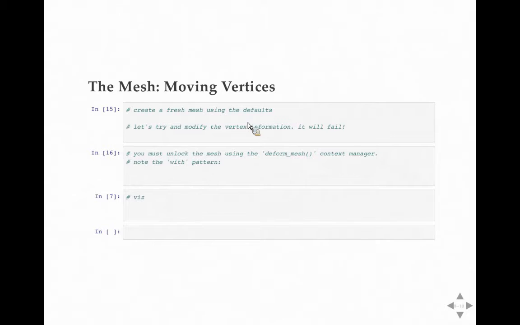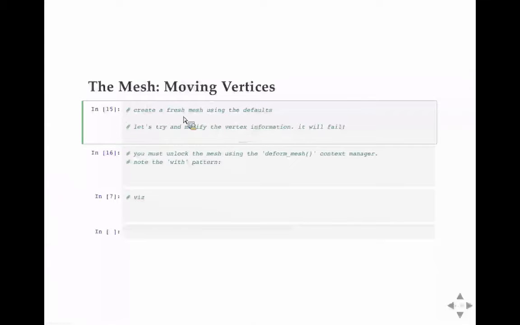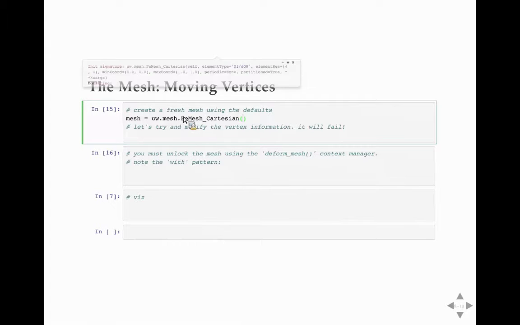Okay, so at some stage you're going to want to deform your mesh for whatever reason. So let's have a look at that. Okay, let's create a new mesh. If you don't pass in any parameters, it's going to just use the default parameters. You can see the default element type, and the default resolution is just 4x4, basically a 4x4 resolution unit square.